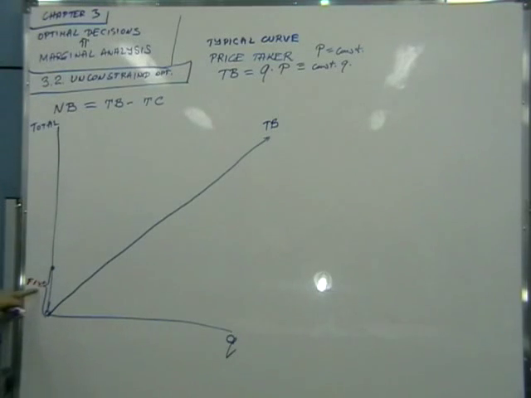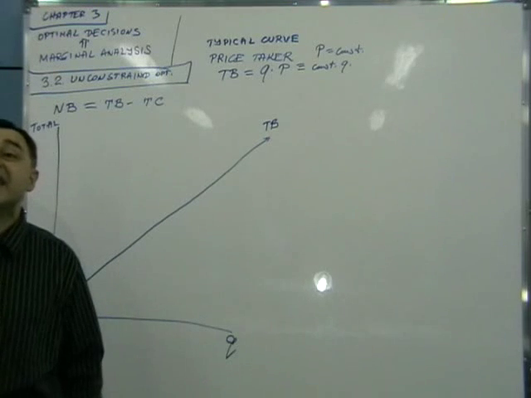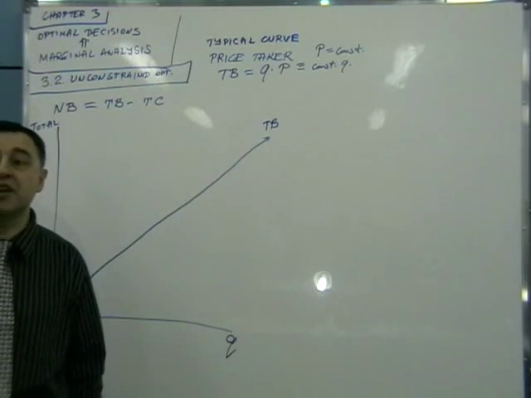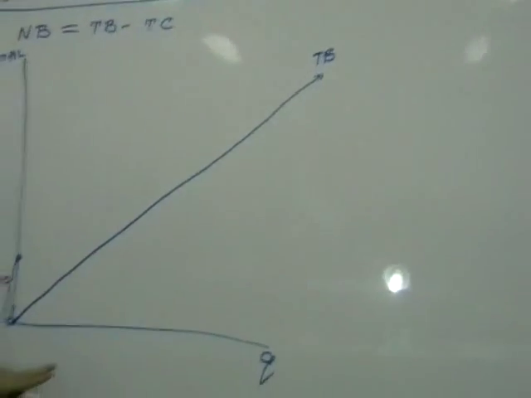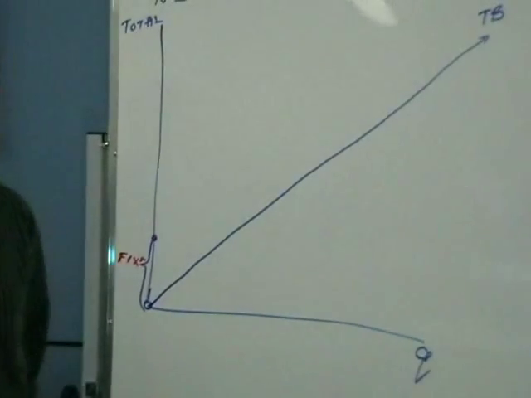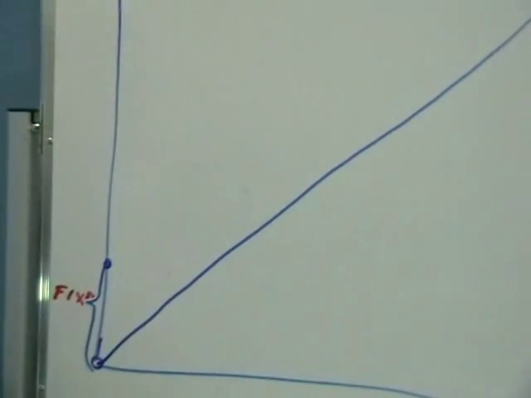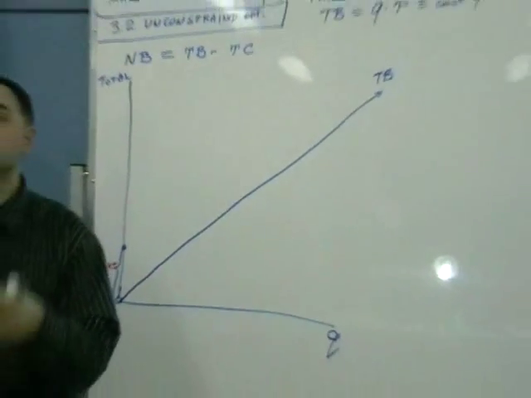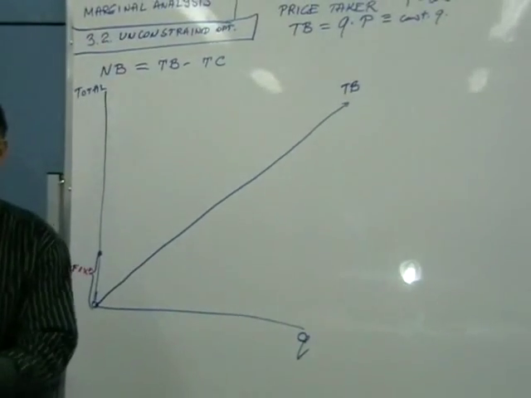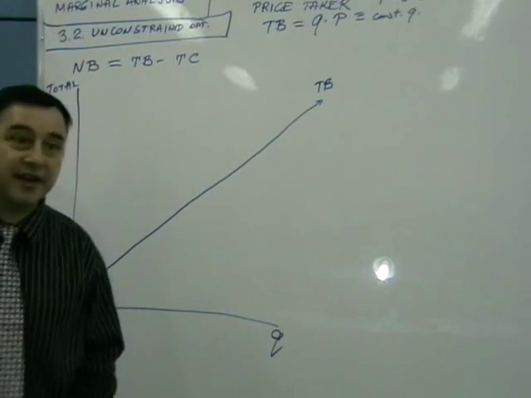Fixed cost simply means that the business incurs the cost whether it produces or it doesn't produce. A different way of saying it is that the cost is the same no matter what the quantity is.